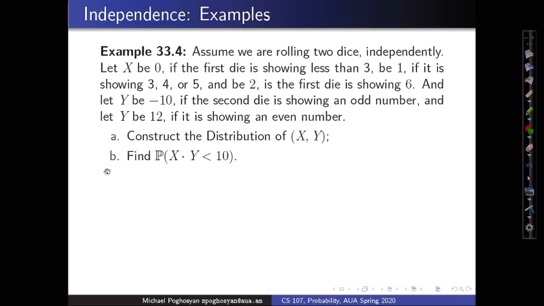And 2, let me write the distribution first. So X is taking the following values. X is 0 if the first die is showing less than 3. That is, the first die is showing either 1 or 2, and the probability of having 1 or 2 is 2 over 6. 6-sided die, and well, fair die, hopefully.